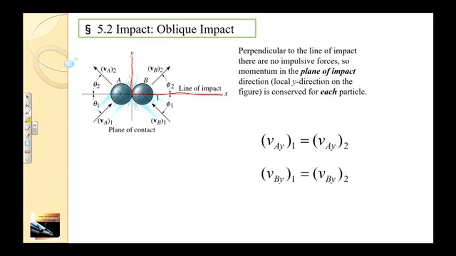Step 2, the plane of impact is tangent to both surfaces and through the contact point. So, tangent to both surfaces, a circle and a circle, tangent.